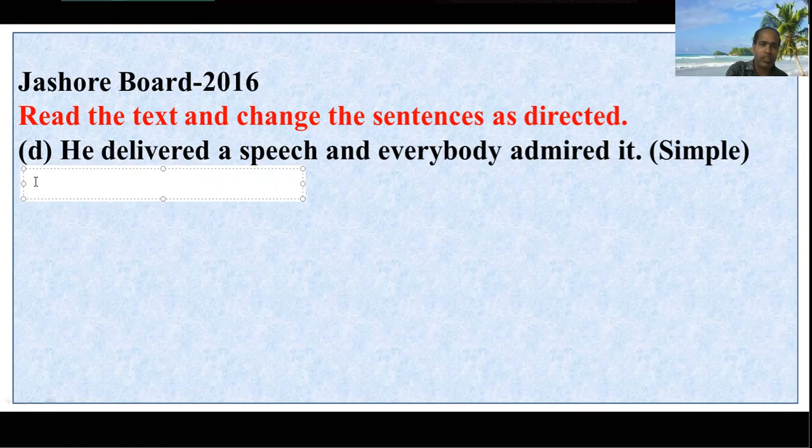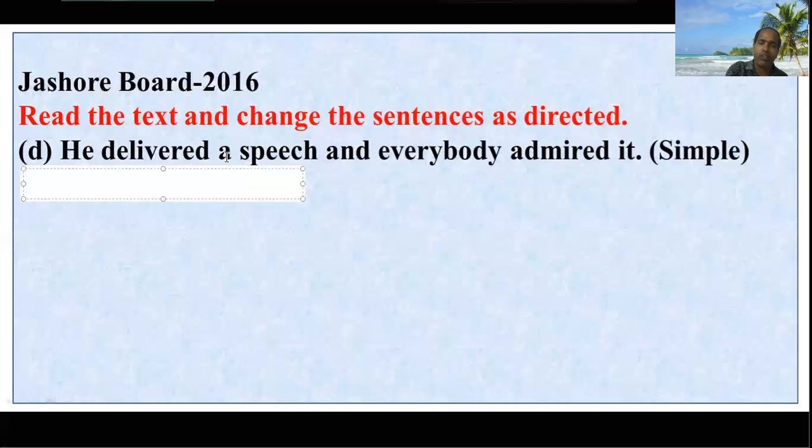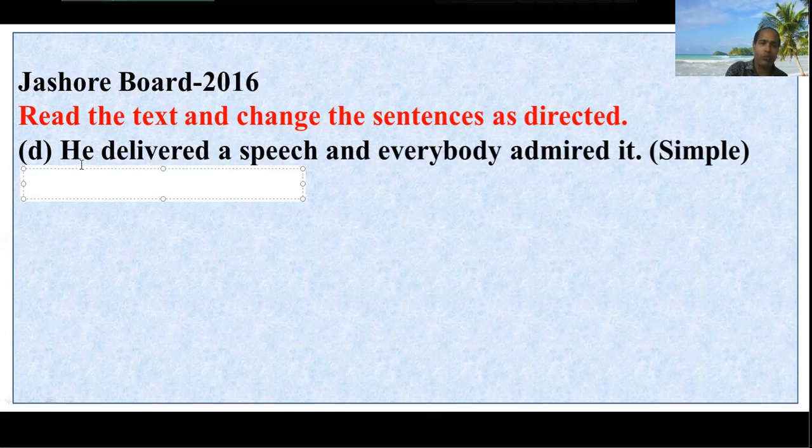You have to set "after the delivery of", cut off "and", and set the possessive form, "his speech", and set a comma. Then you have to write the next part of the sentence. In this way you can change into simple.